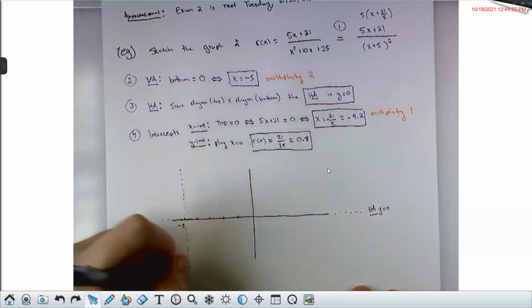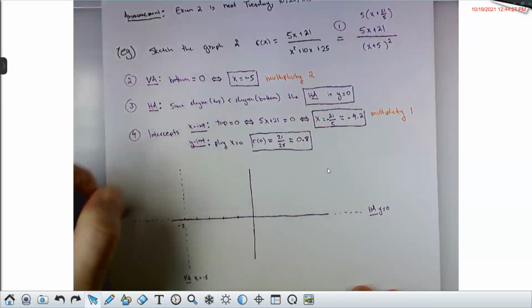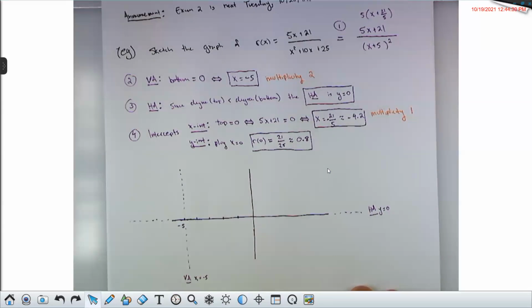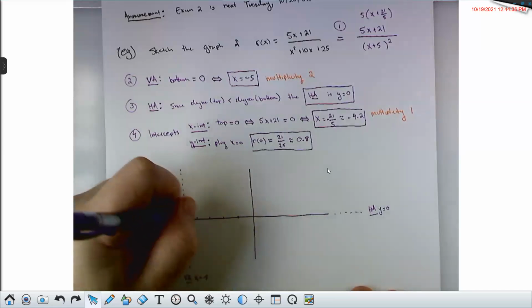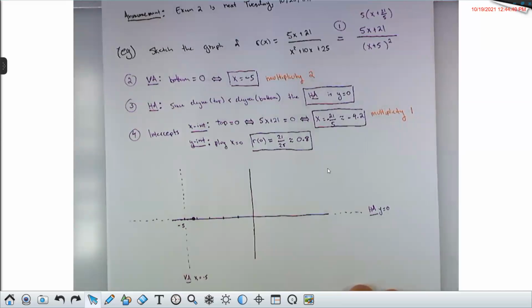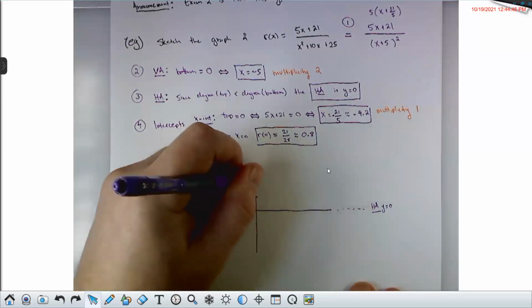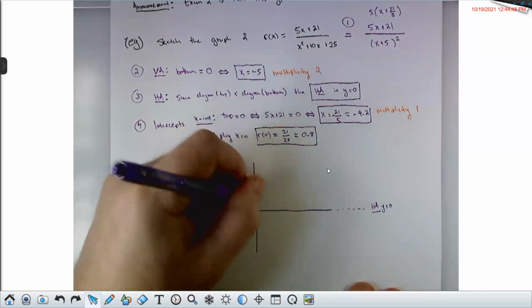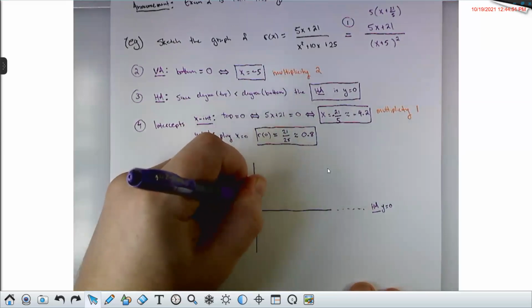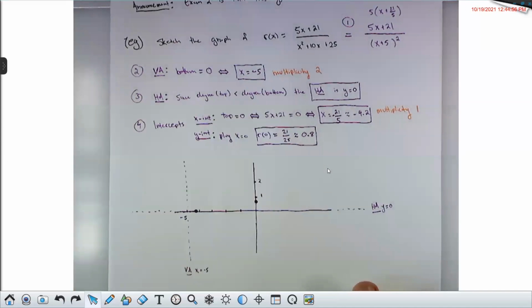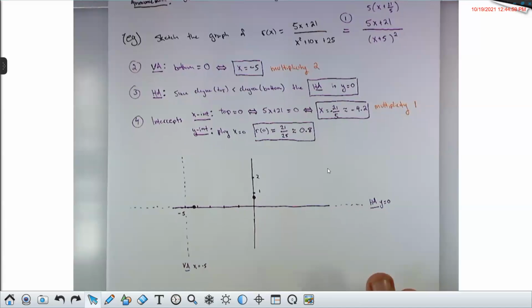So we draw these in and we label them. I can also put my x and y intercepts here. So my x-intercept is negative 4.2, which would be like right there. My y-intercept, I haven't marked a scale here, I'm going to call this 1, 2. So my y-intercept is like positive 0.8, which is like right here. And believe it or not, this is enough to do the whole thing.